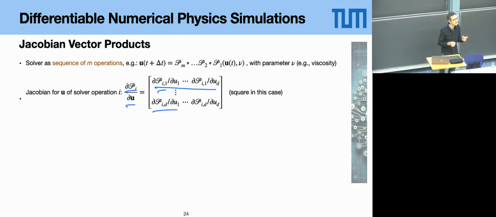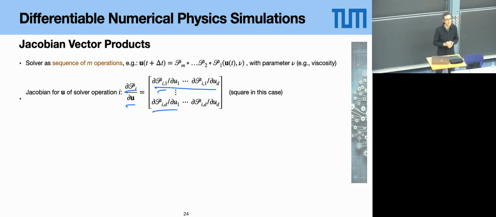In this case, P basically takes one U as input, produces one as output. So we are dealing with a d by d matrix here. In the general case, also actually often in deep learning, they're not square, but for most of our settings, input-output of a state, we will have square Jacobian matrices here, although we actually don't need that property too much.